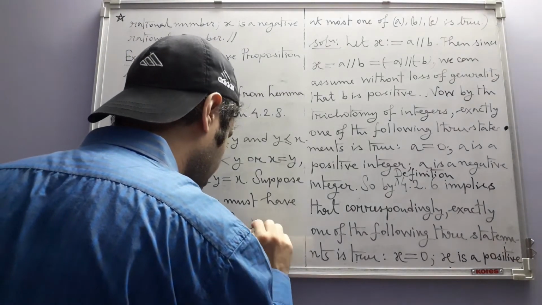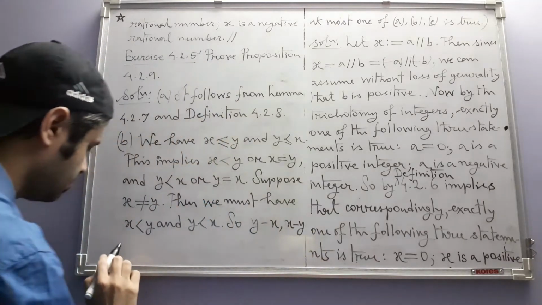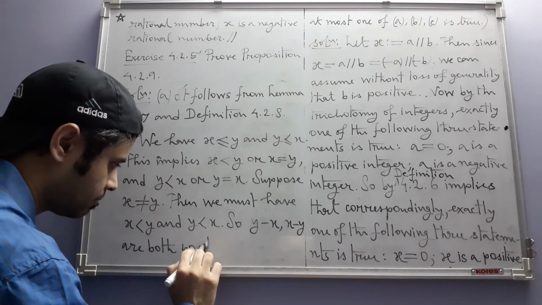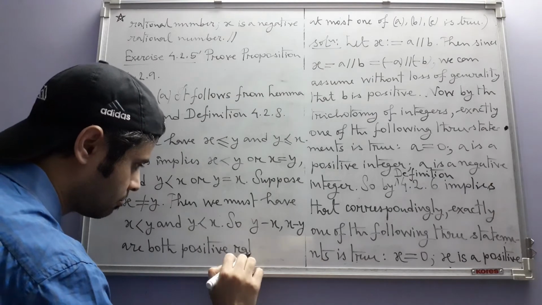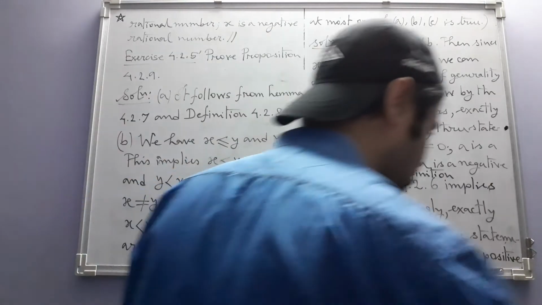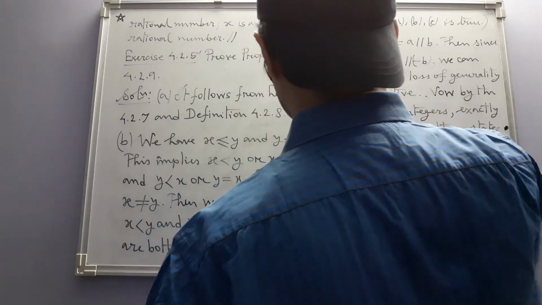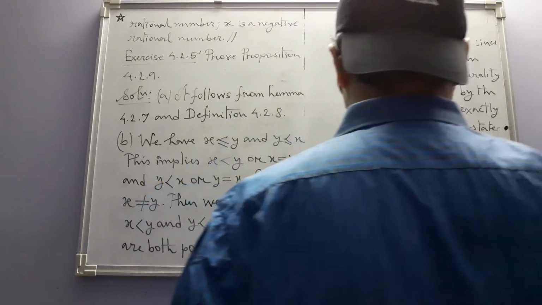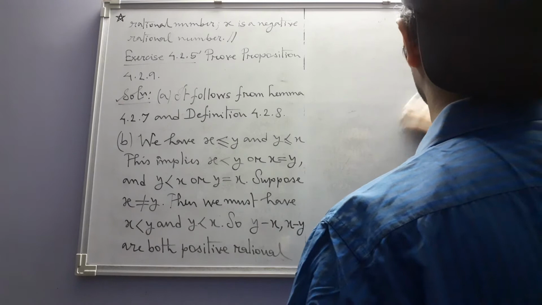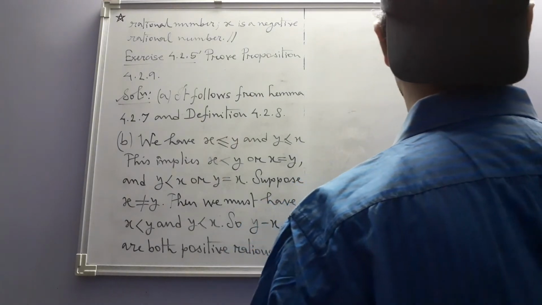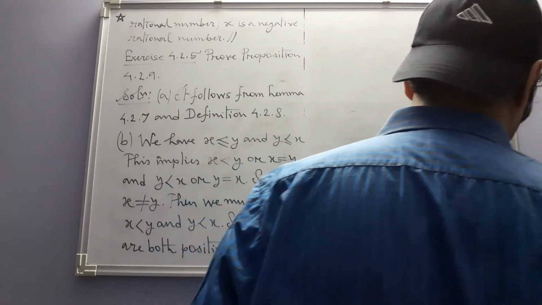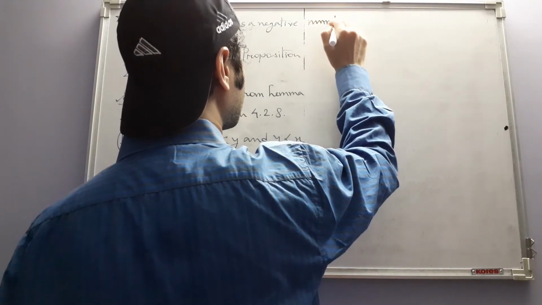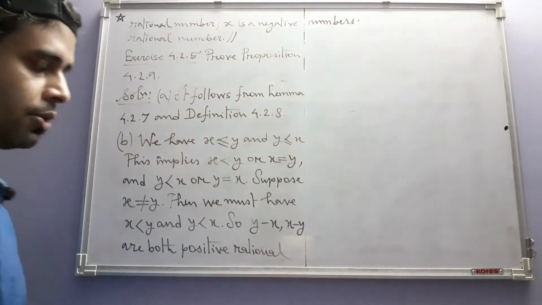So y minus x, x minus y are both positive rational numbers.